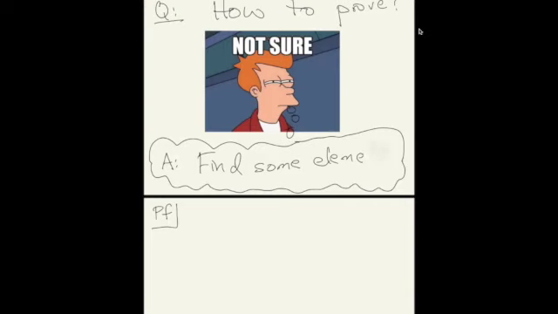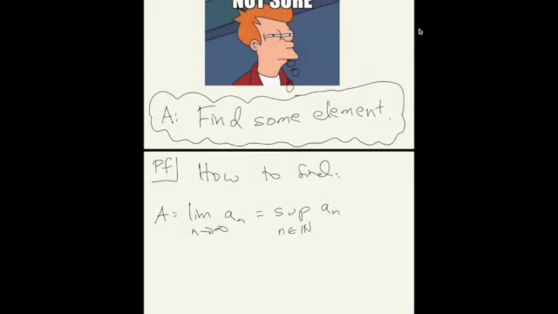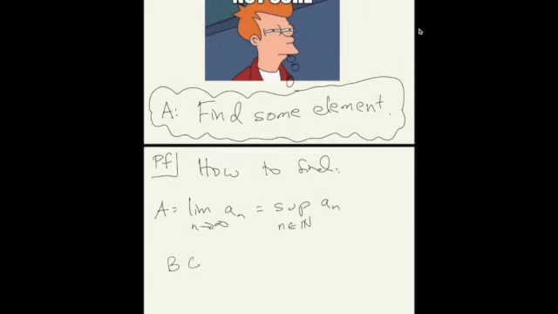And how we will find this element is we will look at the limit. So let A be the limit as n goes to infinity of a_n, or equivalently, because it's an increasing sequence, the supremum of a_n. These both give the same value. Because a_n is increasing, A will be bigger than or equal to a_n for all n.